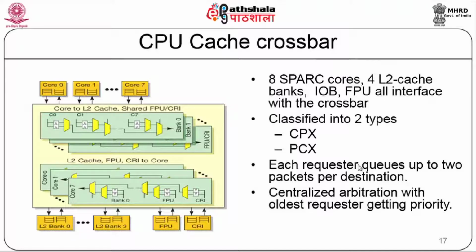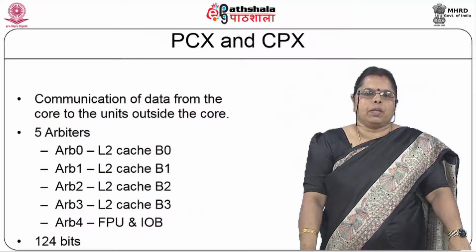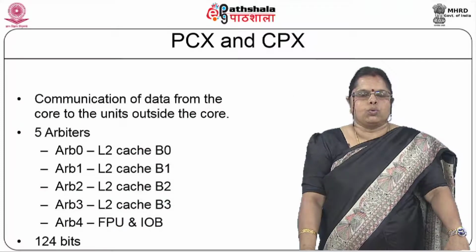And each requester queues up to 2 packets per destination. It's a centralized arbitration which is happening, with the oldest requester getting priority. So if you look at the PCX and CPX here, PCX is communication of data from the core to the units outside the core.